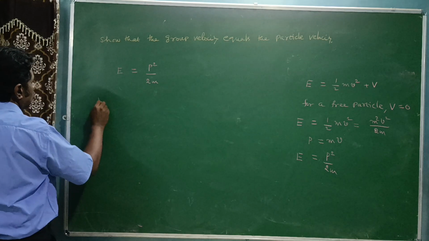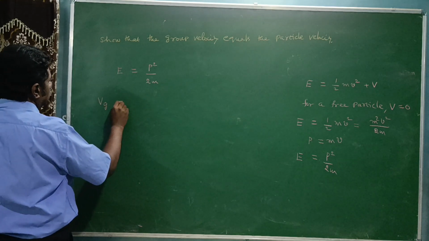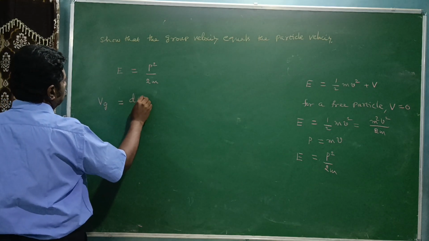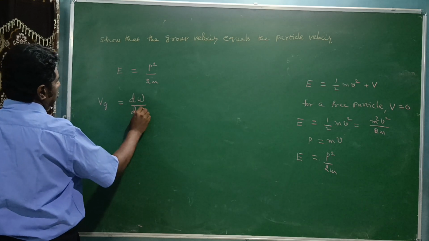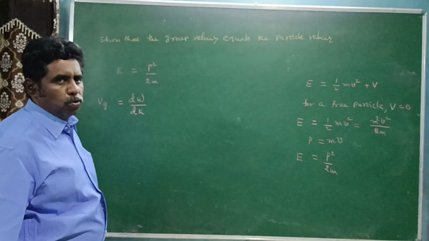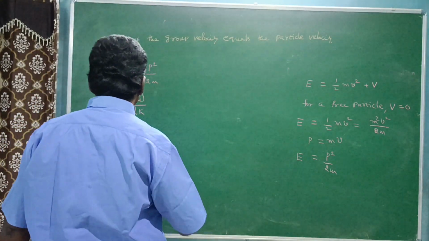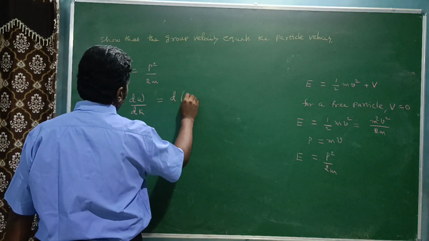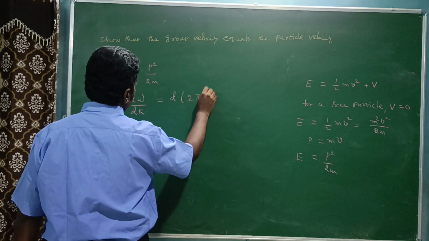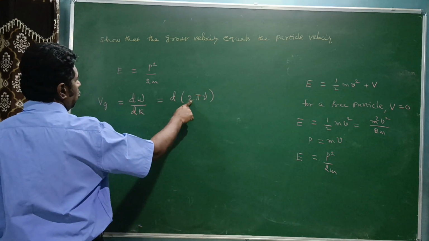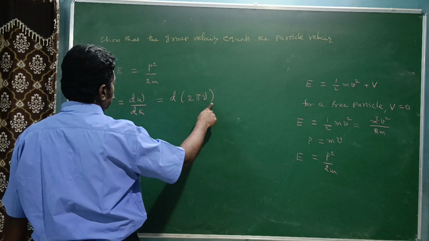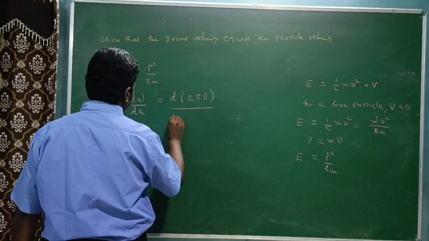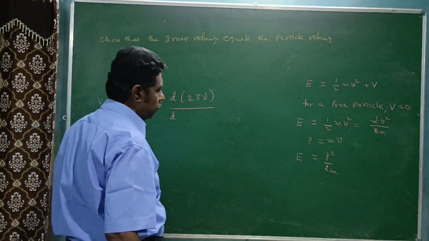You know that group velocity Vg equals d omega divided by dk. This is the group velocity. But omega is equal to 2 pi nu. Instead of omega, we substitute 2 pi nu, divided by dk.